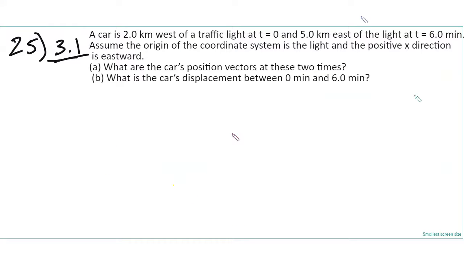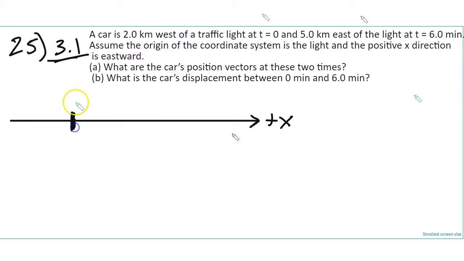So let's draw first a motion diagram, shall we? The car is 2.0 kilometers west of a traffic light at t equals 0 seconds. Now let's assume the traffic light is the origin. So right here is the traffic light. And again, this is x equal to 0 because we're told that in the problem. That's the origin of the coordinate system, right? But the car starts off 2 kilometers west of the traffic light.